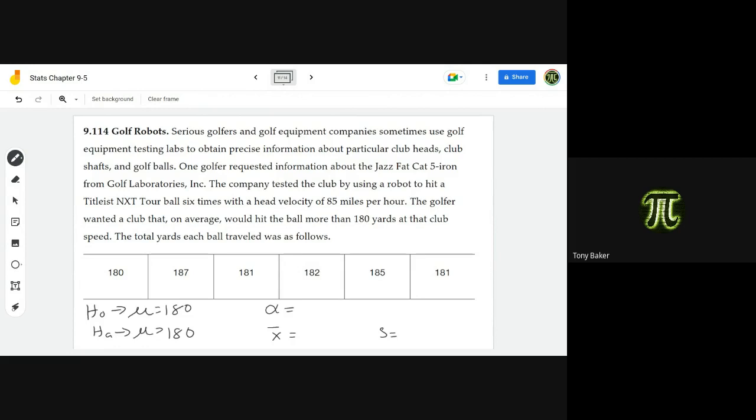What was the standard deviation for this one? Yes, 2.73. And what was the mean? 186.